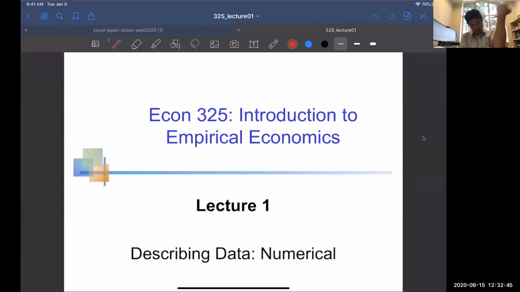So today I'm going to talk about the first lecture, about how to describe the data. Do we answer the quiz after the lecture? Yes. Each lecture's slides have their own clicker questions, and usually I go over the answers.